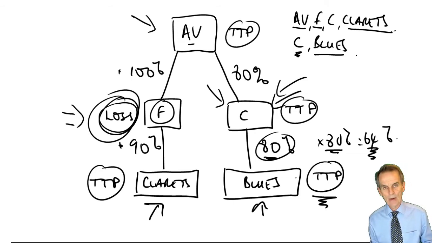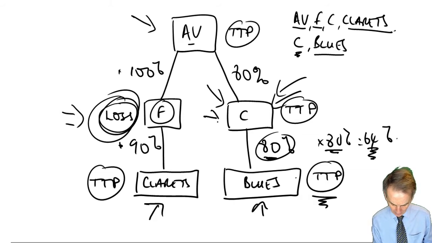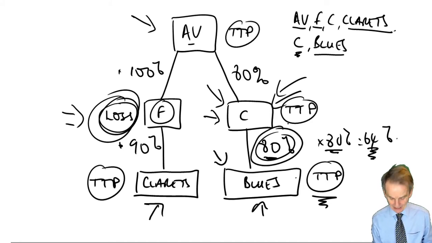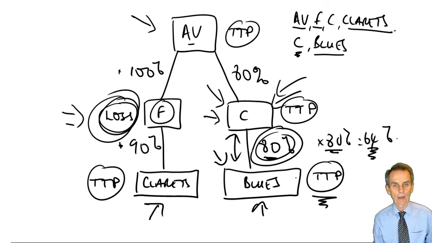If the indirect is less than 75, then you can't have the principal parent, AV, group relieving with the sub-subsidiary, the indirect sub. But if the relationship between the subsidiary of the principal parent company and the sub-subsidiary is at least 75%, then those two can themselves separately group relieve.